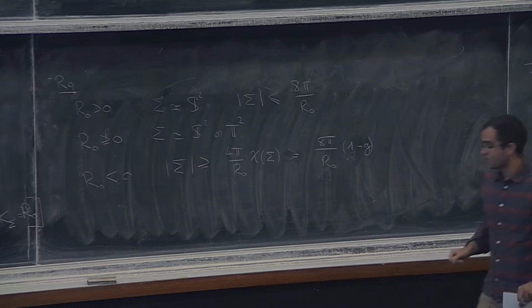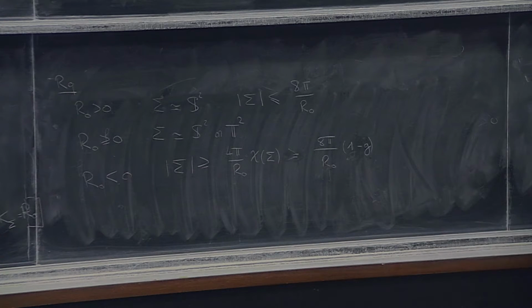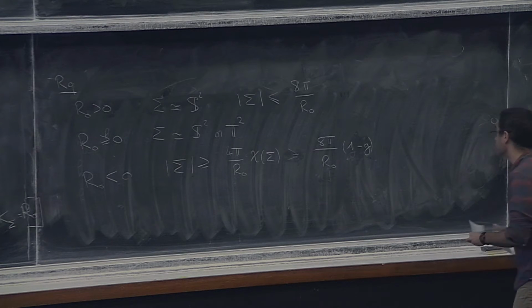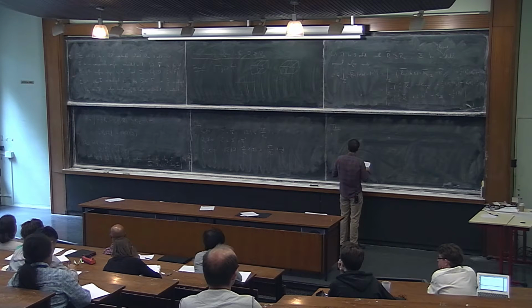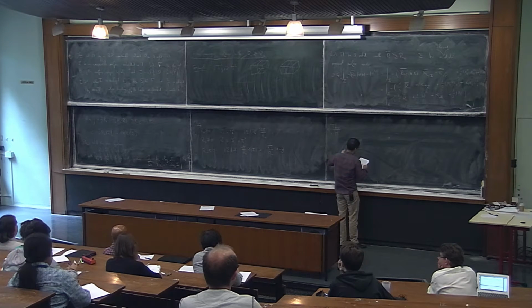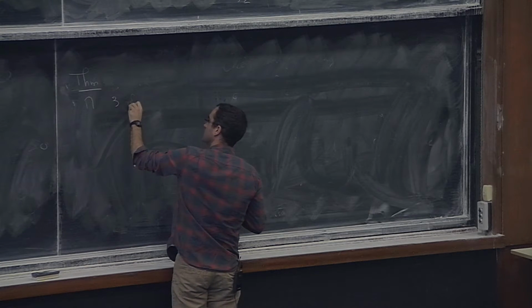Okay, so what is the theorem I want to prove now? It is the following result. My idea is, assume that you have equality in the inequality and try to prove that you have a splitting. So, theorem. Same hypotheses as before. M a 3-manifold, closed.